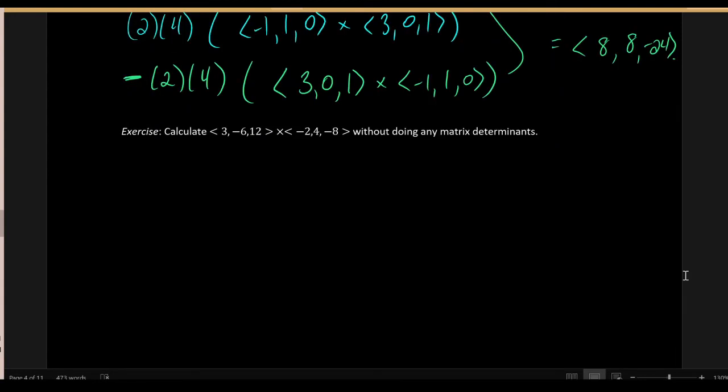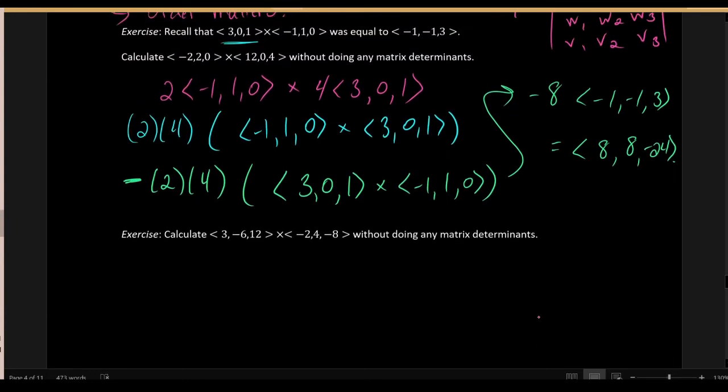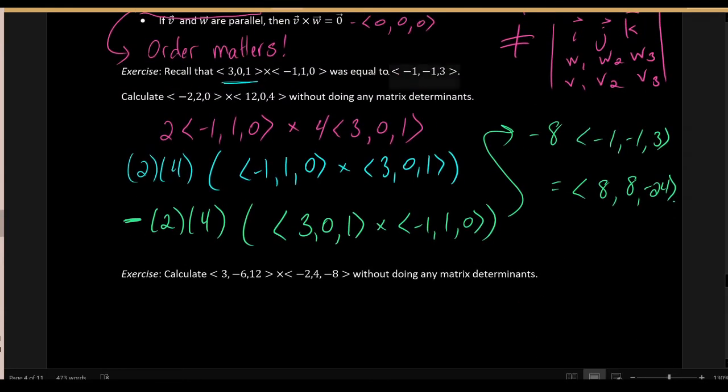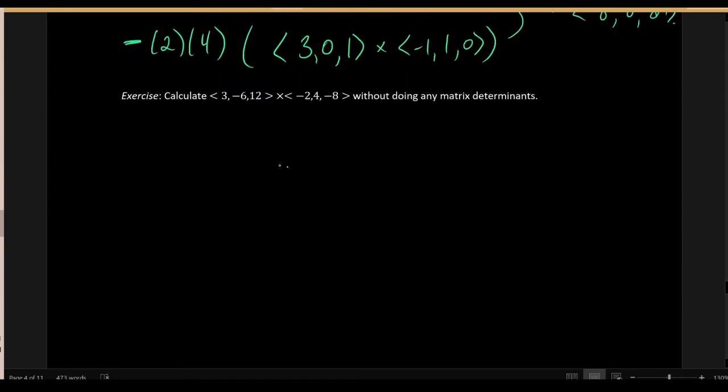Let's calculate the cross product of 3, -6, 12 with -2, 4, -8. Now, neither one of these vectors is related in any way to the vectors that we had in our previous calculation, because those vectors had zeros as part of their entries, but these vectors have non-zero entries.